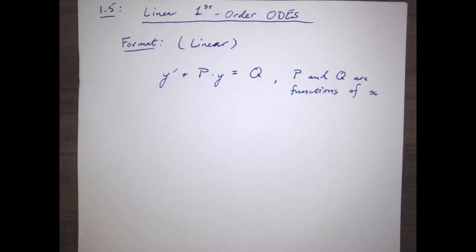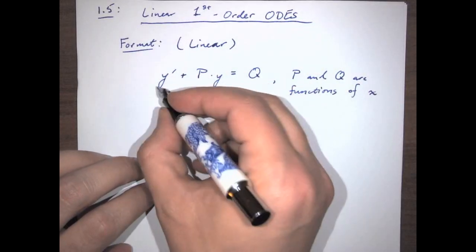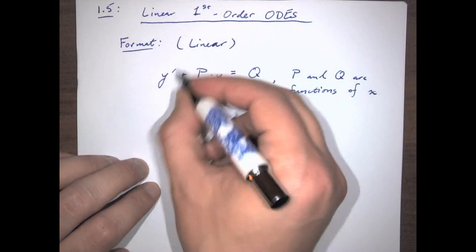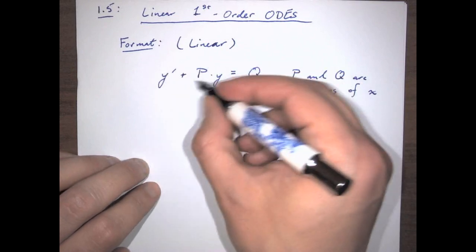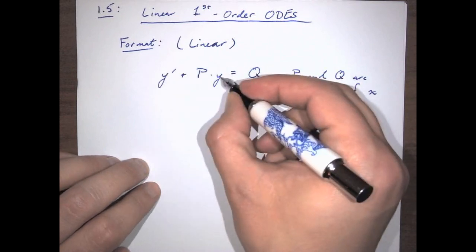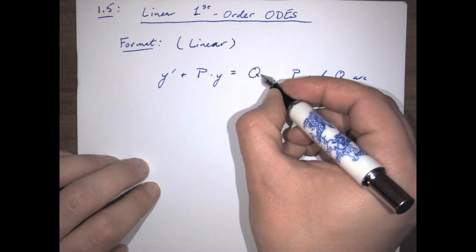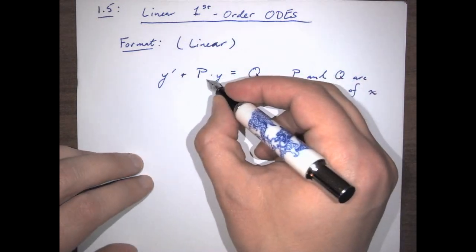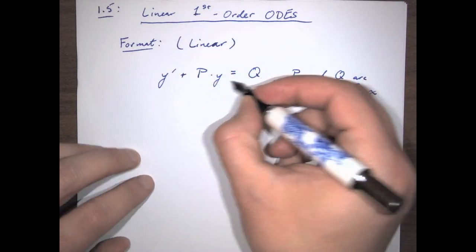So we have capital P and capital Q, which represent two functions of x, and the format is a naked y prime, something involving x all times y, and then just a q. What's linear about this is that it's linear in y.